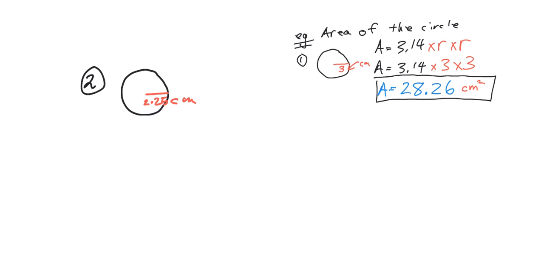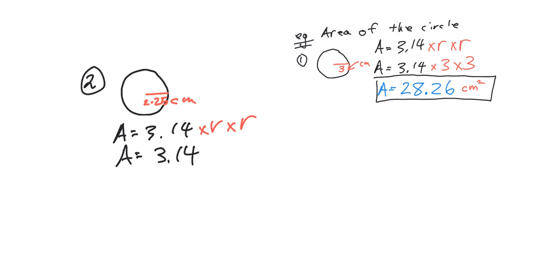So now we have the following. A is equal to 3.14 times r times r. And I'll make sure that I use the same red letters as before. Times r times r. So now we say, all right, we want to calculate our area again. So we go 3.14 and we look for our number for our radius.